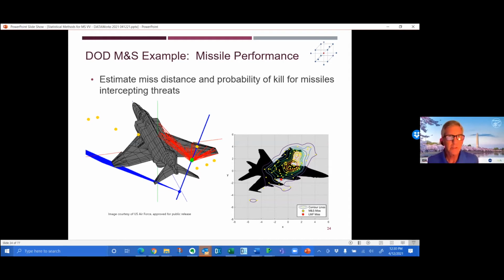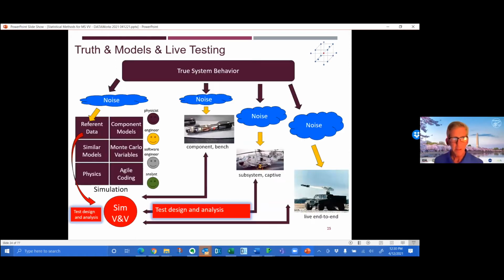Miss distance, probability kill for missiles intercepting threats, certainly one. If we've got that type of situation, what could be going on with the simulation versus live, and how do they relate to one another? So this is a chart that's trying to accomplish that.